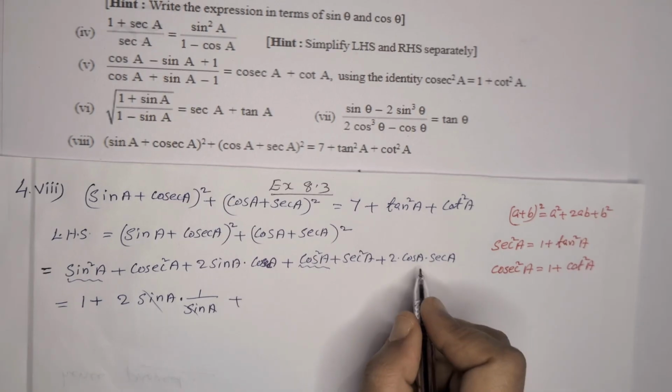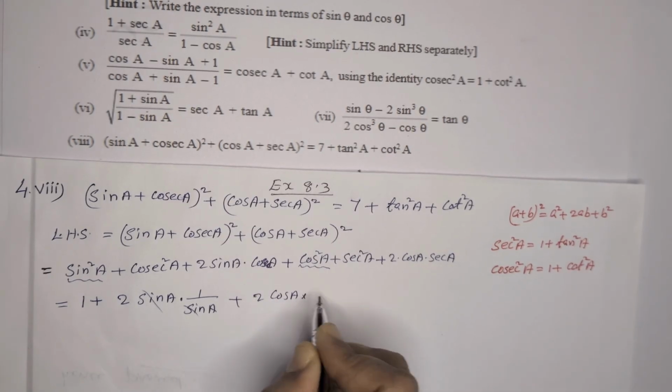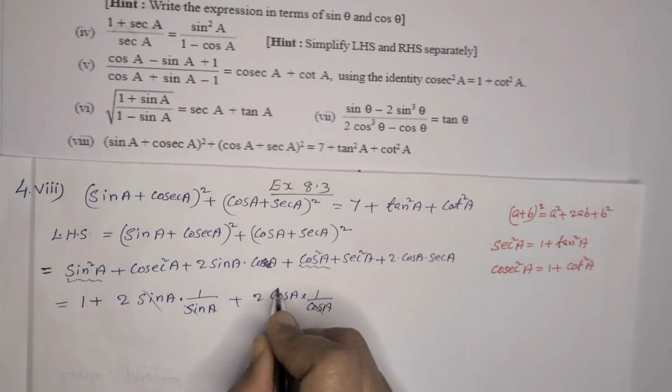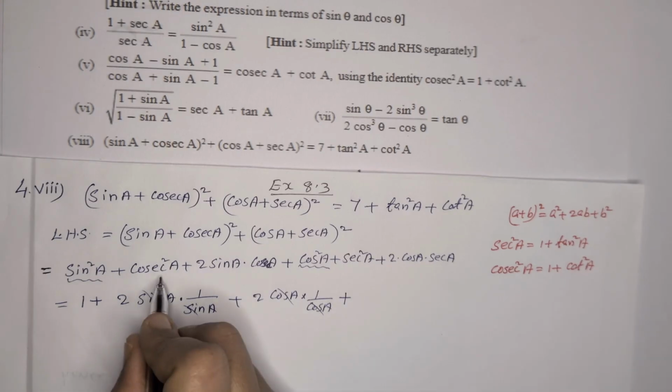Plus here, in the same way, 2 cos A into sec, which means 1 by cos A. So this also will cancel. Then remaining plus cosec square A plus sec square A.